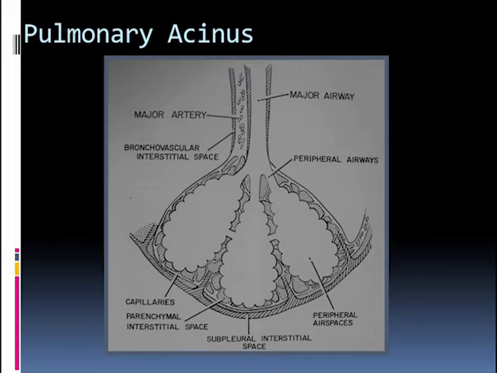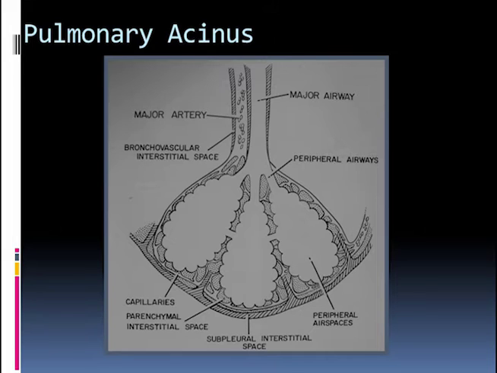There are other interstitial spaces. There's a bronchovascular interstitial space, which travels down along the arteries and along the airways. This interstitial space is sometimes associated with or seen to be abnormal in patients with pulmonary edema. That interstitial space connects with the subpleural interstitial space, which goes all the way around each one of these lobules.